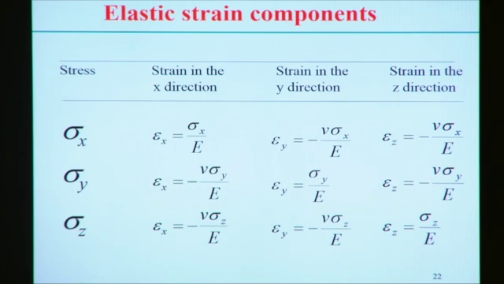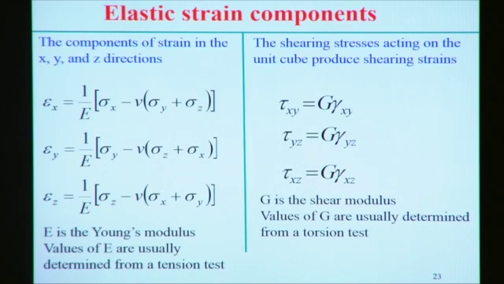When you apply the principle of superposition of the effect of all individual components, we can find the components of the strain in the x, y and z directions, represented like this: epsilon x equal to 1 by E, sigma x minus nu into sigma y plus sigma z. Similarly, epsilon y and epsilon z.